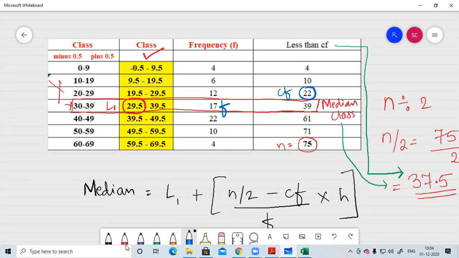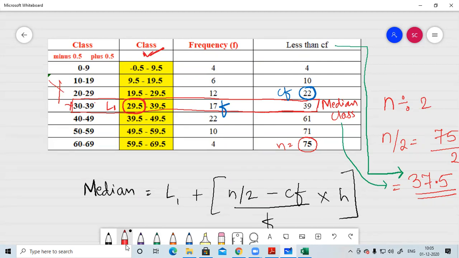But in continuous, 19.5 minus 9.5 is 10. So the shortcut I gave you is, instead of doing horizontally, do any two numbers vertical. Please stick to that approach. That will help you to never go wrong.